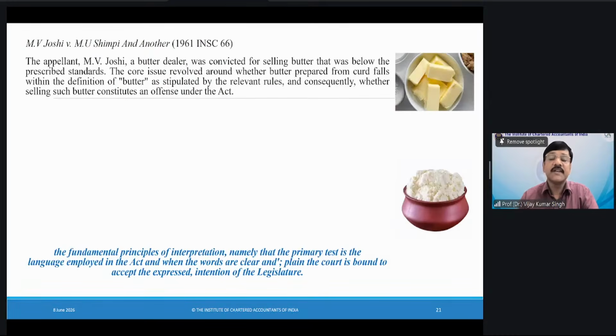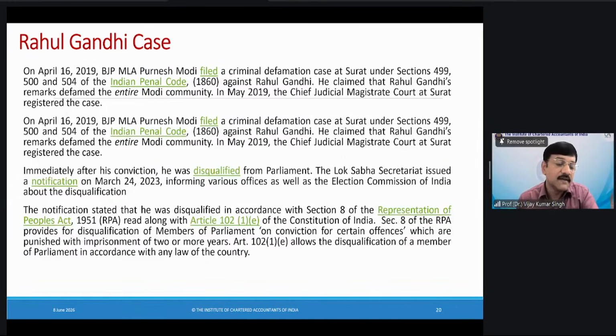So this is what it is trying to say here, that when the language is plain, the Representation of People Act very clearly lays down, and Article 102 of the Constitution lays down, that any member of parliament who has been convicted and punished for 2 or more years will stand disqualified. And this is what happened in this case.